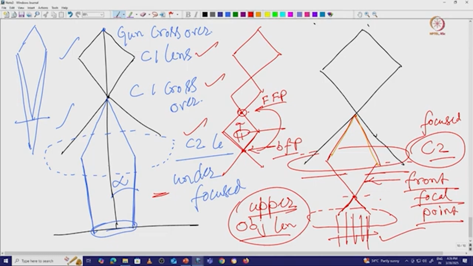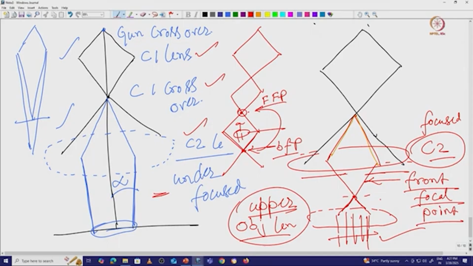So we can use different combinations of C1, C2 and upper objective lens to control our entire electron beam, whatever is coming out from the electron gun. So this is the basic ray diagram.